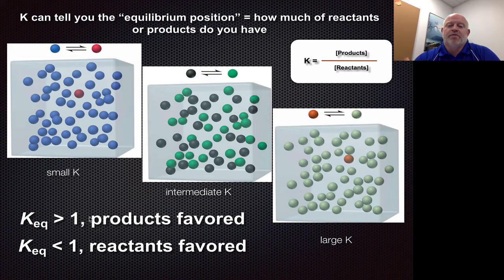If you have a constant that approaches infinity, where it's almost 100% product and no reactants, then we would say that that reaction is not reversible, okay? So the closer it is to 1, the more reversible it is in terms of products versus reactants. Now, 1's ideal. I don't know of any reaction that has a constant of exactly 1 where it's 50-50. It always seems to be one is favored over the other. That's pretty normal, as one gets favored over the other, okay?